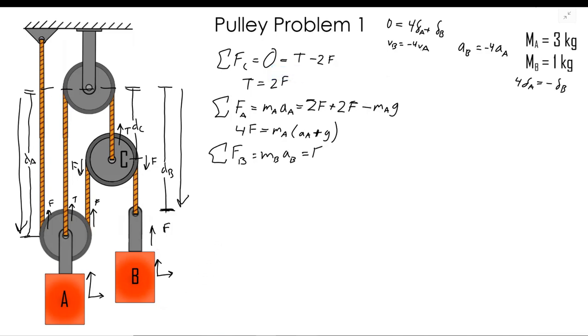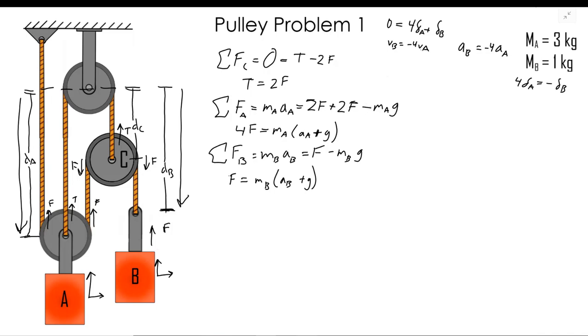So we got F minus MB times G. Add that over there, and then we're going to get F equals MB, parentheses, and we're going to pull out MB from it all. So AB plus G. And we've pulled out MB.